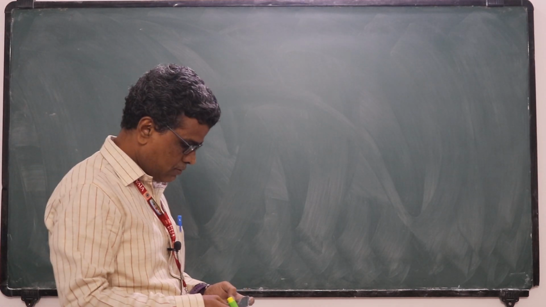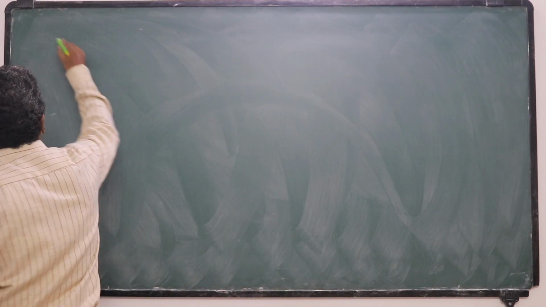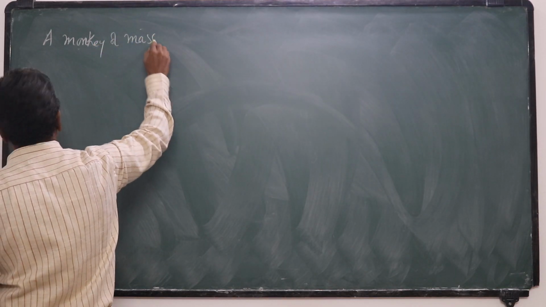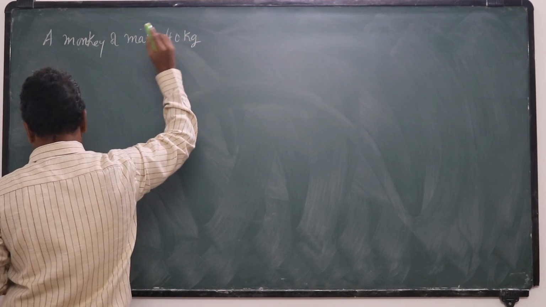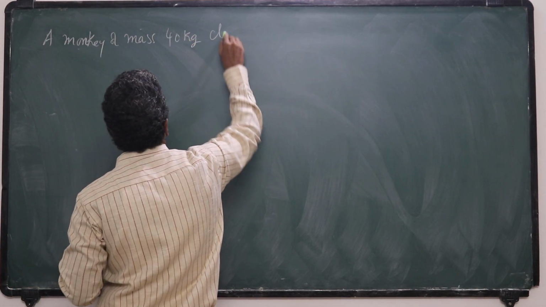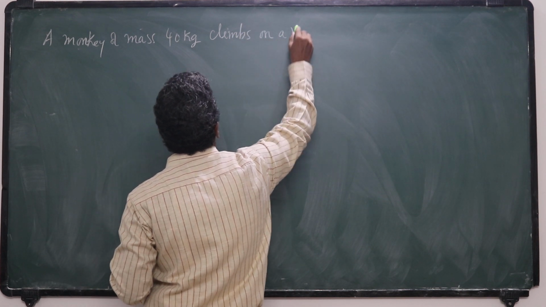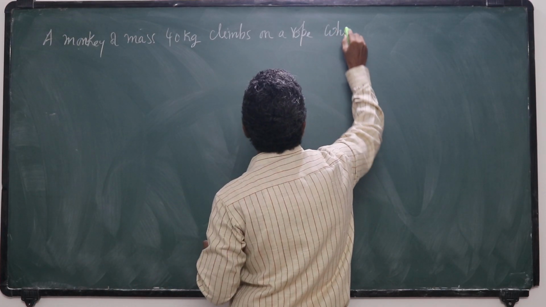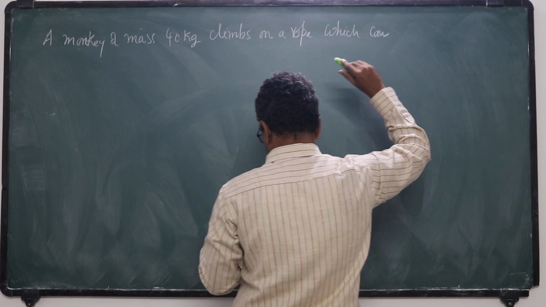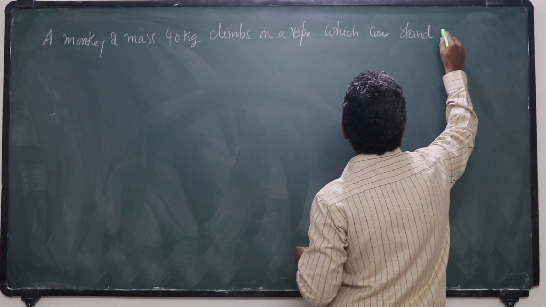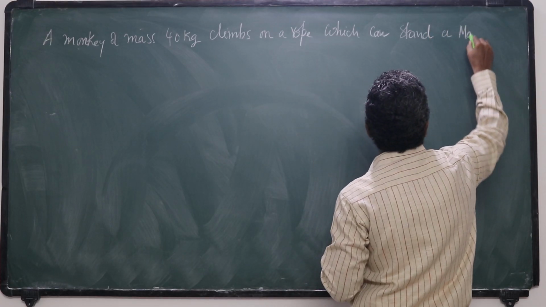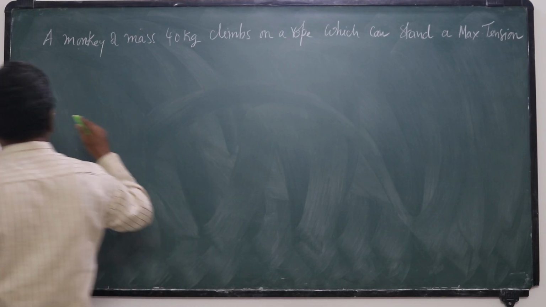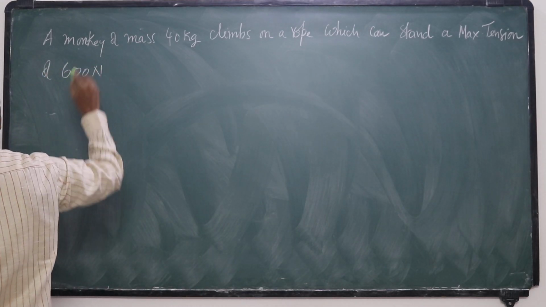Now take another example. A monkey of mass 40 kg climbs on a rope which can stand a maximum tension of 600 newtons.